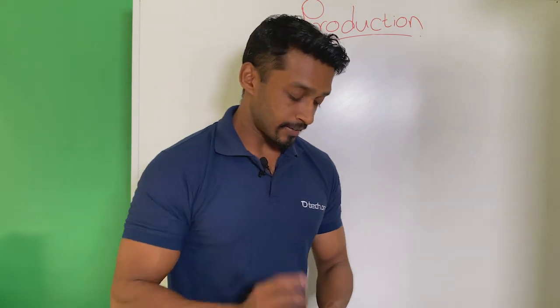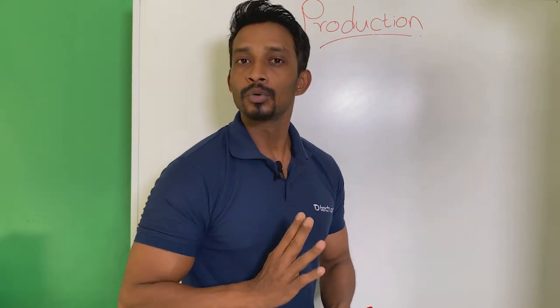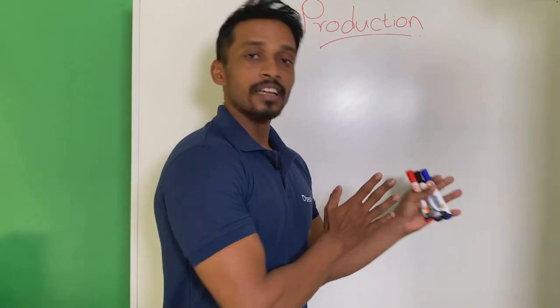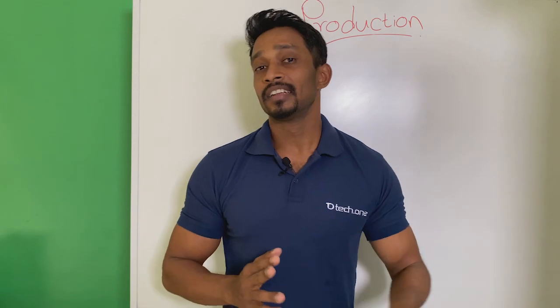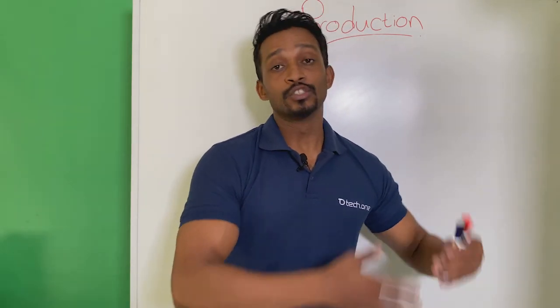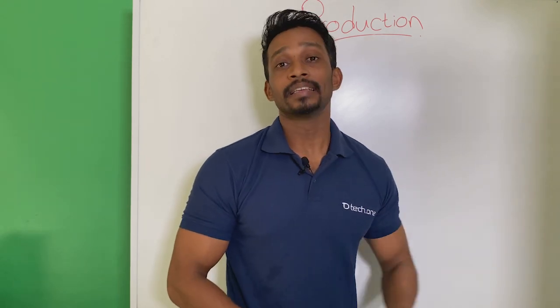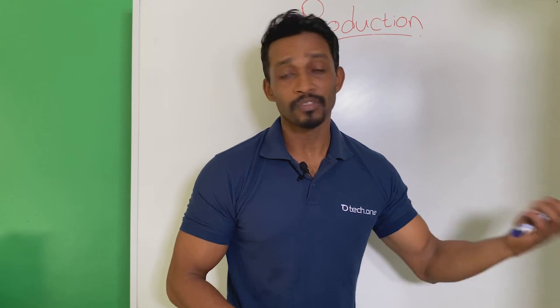Production process double entries. In this video, I'm going to discuss basic double entries, but in business practice there are different kinds of exceptional scenarios. Sometimes you might issue over the planning, or you get more output than expected.